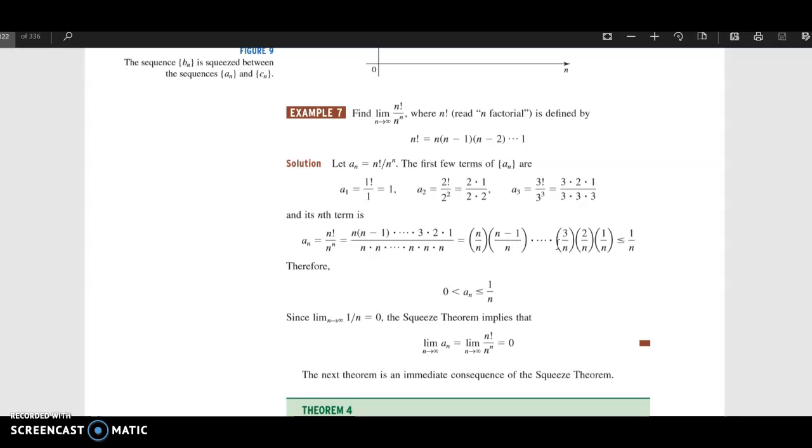And when we multiply that 0 point something to a value, the result will be less than the first value, which is less than or equal to 1 by n. Therefore, 0 is less than or equal to an, less than or equal to 1 by n. We know that this limit is 0 and this limit is 0. So the limit of an must be equal to 0.